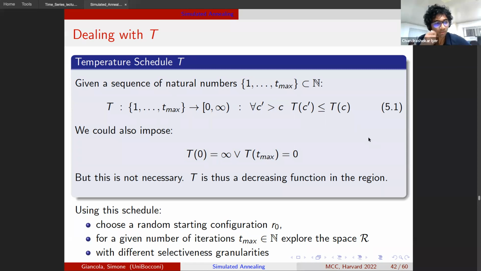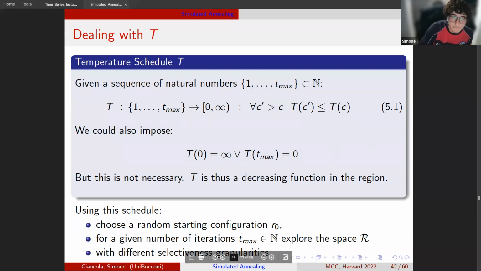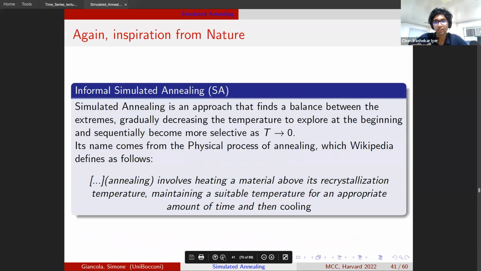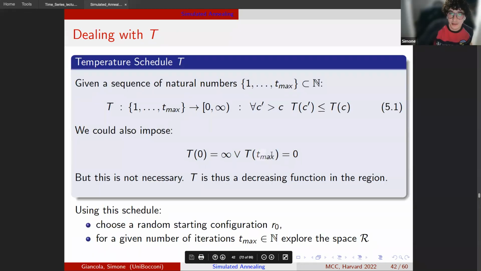Also, how do we choose this value of Tmax for our problem? This is what is called a metaheuristic. It exploits statistical properties, but it is very dependent on the application.